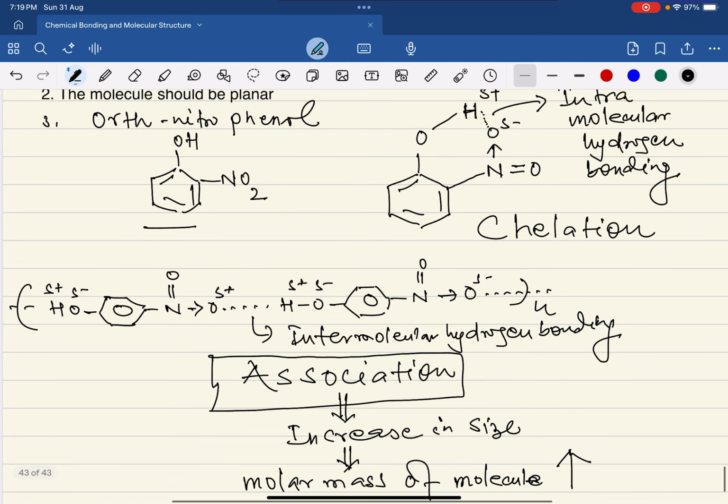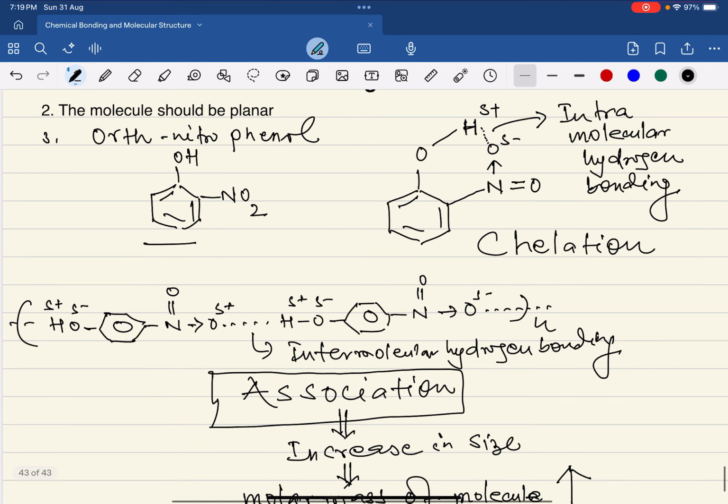And one very important question arises: orthonitrophenol and paranitrophenol have the same molecular mass, but due to intermolecular hydrogen bonding, a large number of molecules are associated in paranitrophenol, while in orthonitrophenol the molecule itself forms hydrogen bonding. So, how to separate orthonitrophenol from paranitrophenol? Orthonitro and paranitrophenol are separated by the steam distillation method.